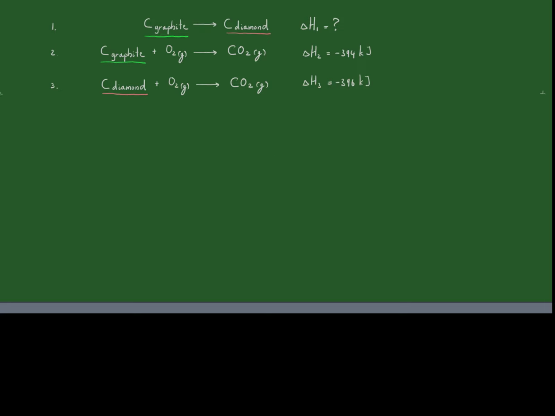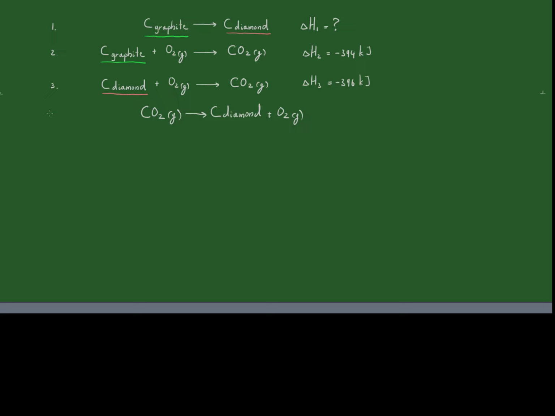So let's look at reaction 3 again. Because diamond is a reactant in reaction 3, we need to flip it. So I'll do that. So we'll go CO2, so carbon dioxide gas, will give us C diamond plus O2 gas.